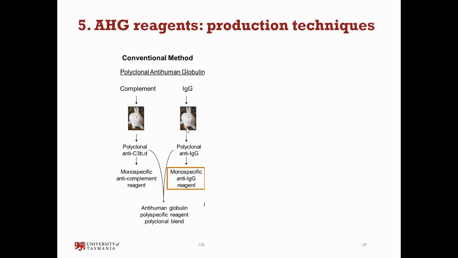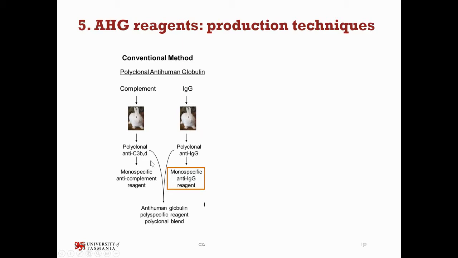So polyclonal is where it comes from, the clonality, where it comes from. Polyspecific, or the specificity, means what it's going to react with. So a polyspecific reagent is going to react with complement components as well as IgG.